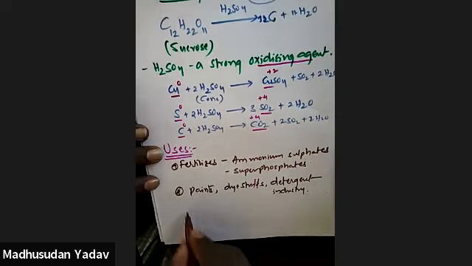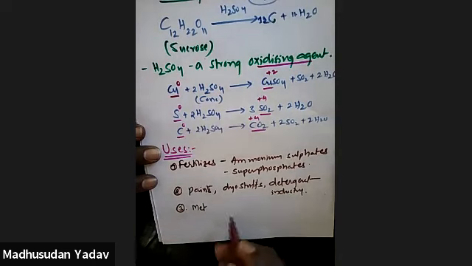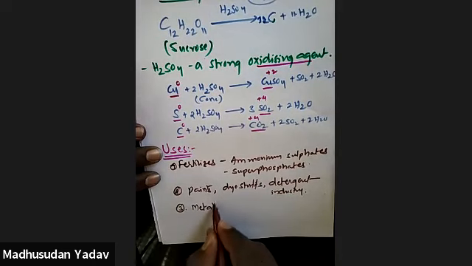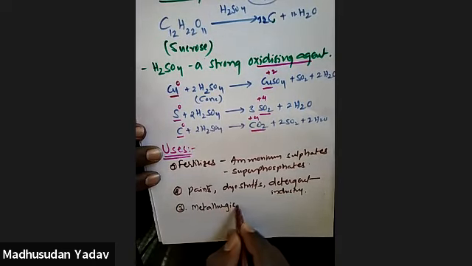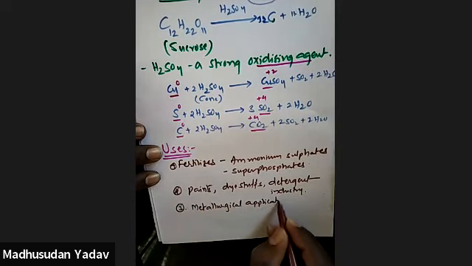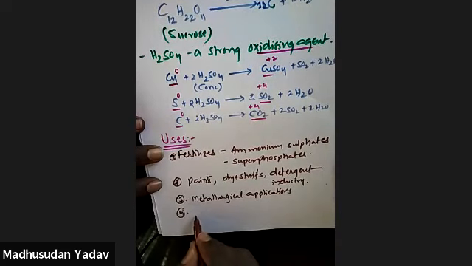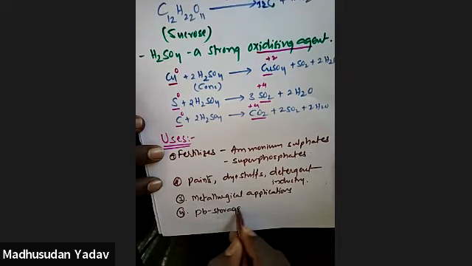Third, it is used in metallurgical applications. Metallurgy means extraction of metal. Fourth, it is also used in lead storage batteries. In electrochemistry, you might study this.